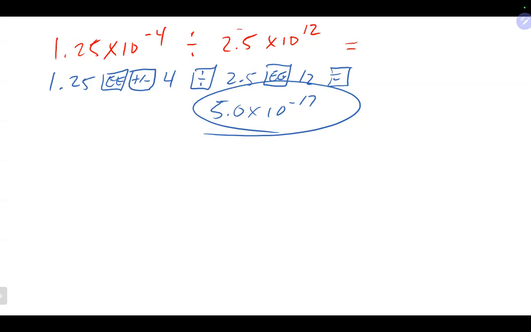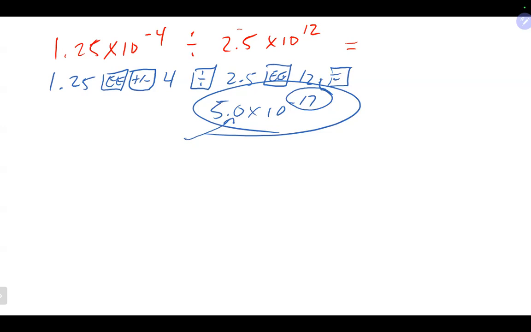Proper sig figs would be 5.0, and again, we'll talk about that in just a second. Also, don't forget to include the times 10 to the minus 17 part of it. Sometimes people just write the first number they see without the exponent part on the answer. If you find yourself punching these things in wrong, typically what will happen is this part of your answer will be okay, but this part will be off by a little bit. And that usually is an indication that you did not punch it in correctly.